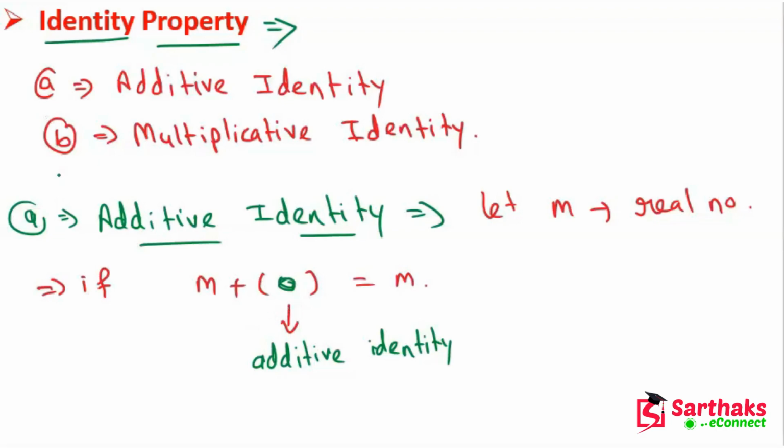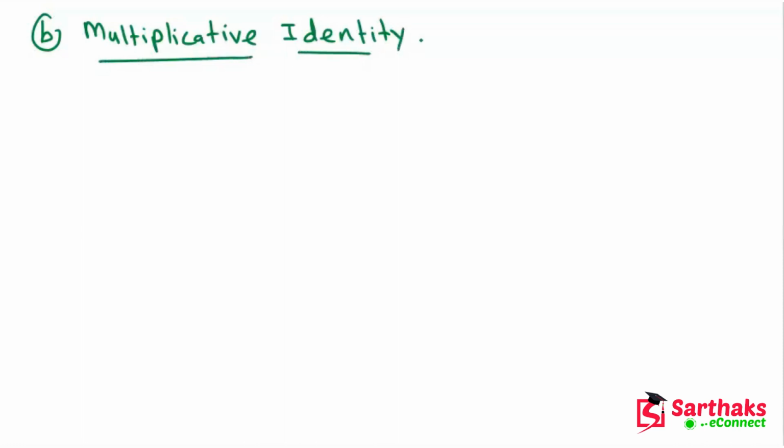Now let's see the multiplicative identity. Again let m be a real number.